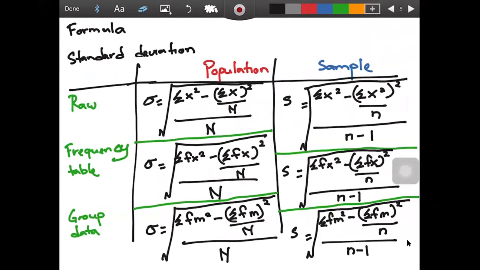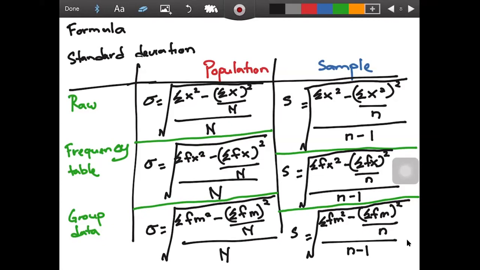For population standard deviation, it equals the sum of x square minus the sum of x in brackets square divided by n, all divided by n. Untuk sampel sama juga, cuma divided by n minus 1.